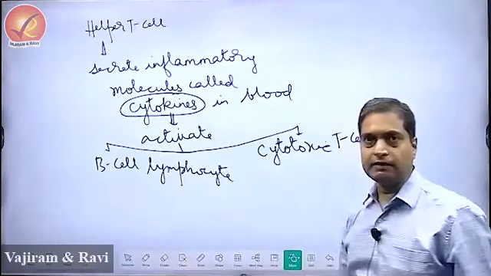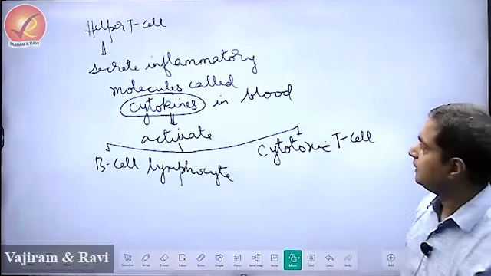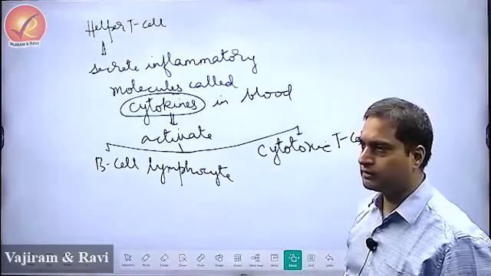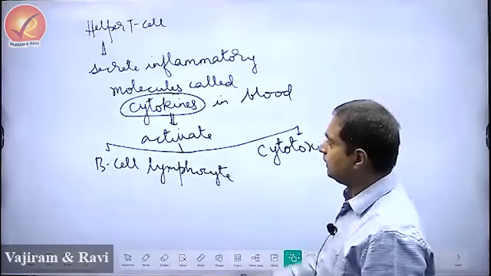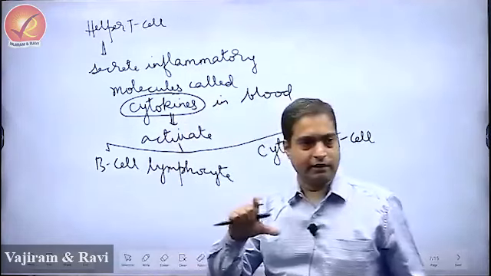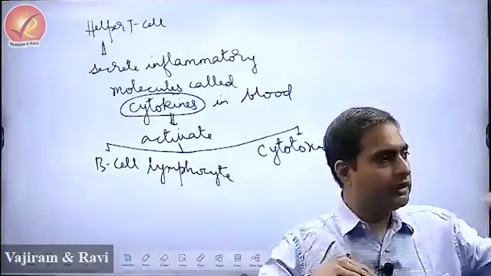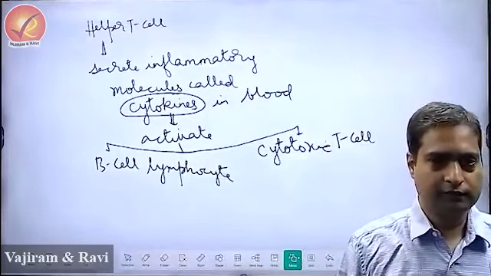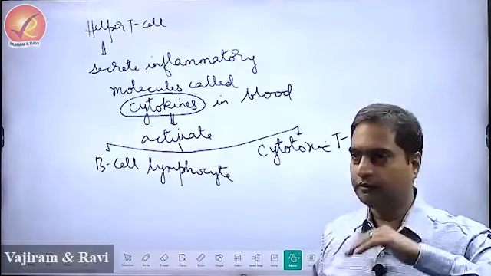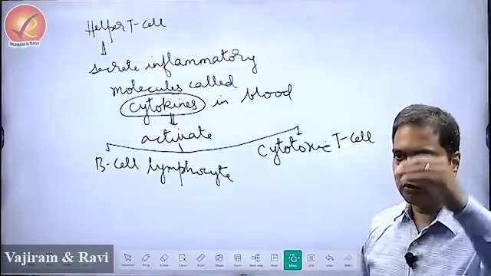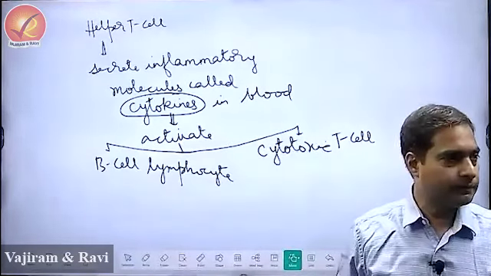So what is helper T cell doing? It is secreting inflammatory molecules called cytokines. So these are chemical signals, which will keep your immunity level higher, to remain protected, to rise to the threshold level, to fight against infection.